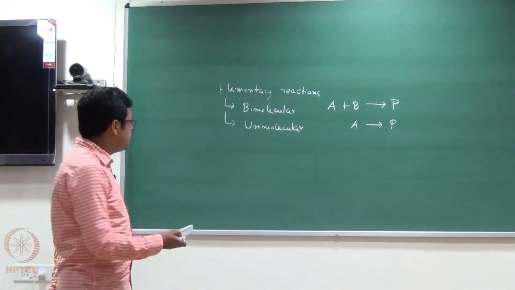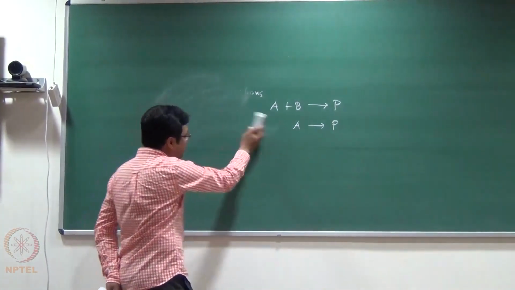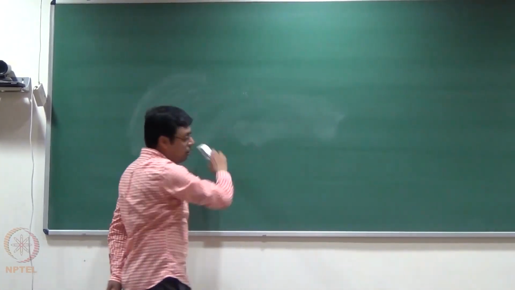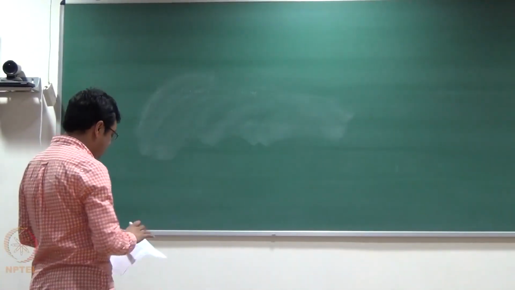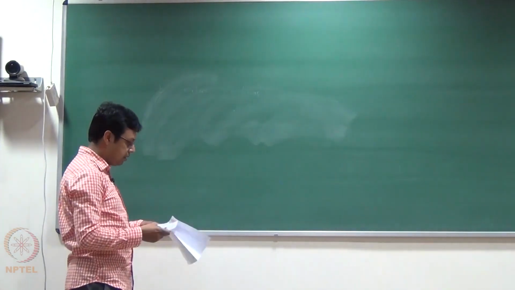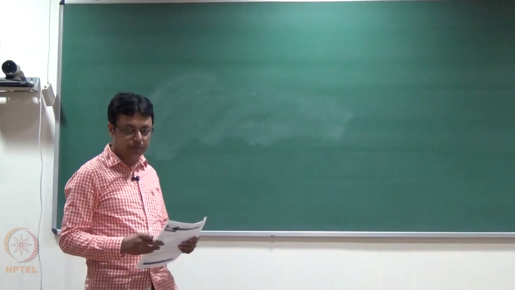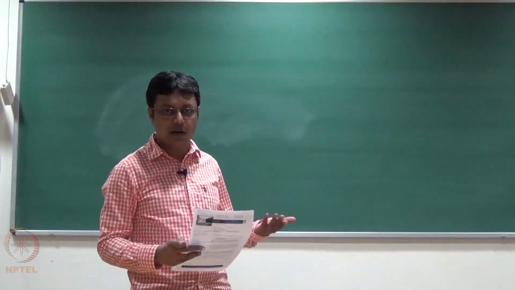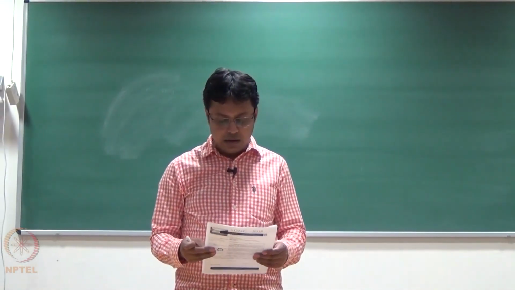This requires some knowledge of classical statistical mechanics, which we will skip, but we will give a handout which you can follow to see how you can connect it to the classical partition functions. Before we go to the unimolecular reaction, we'll first discuss the bimolecular reaction.